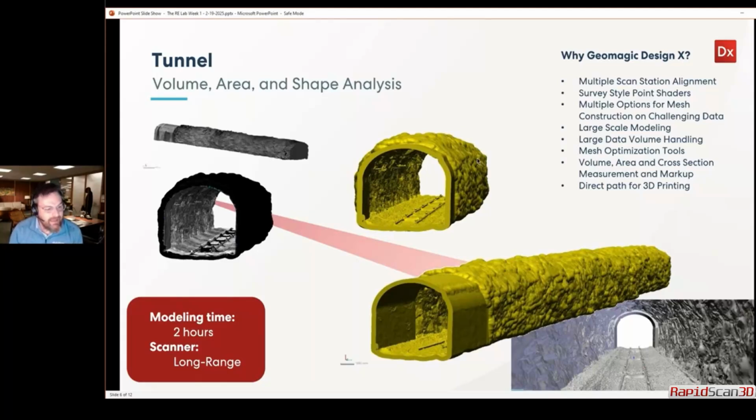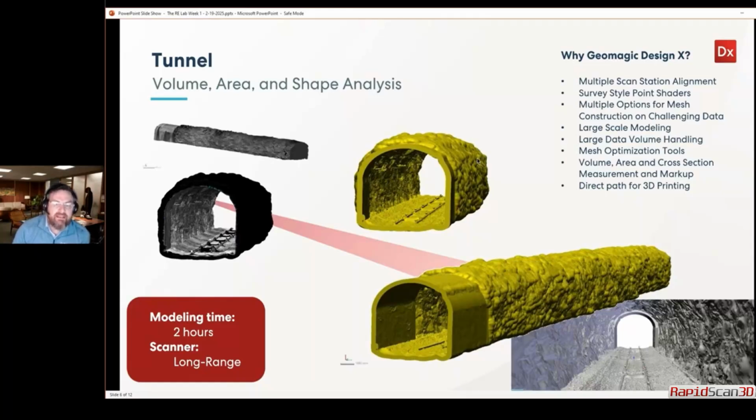So you can take that information that comes from those scanners and you can load it up. And on the top right-hand side, you'll see that we have this idea where you can take multiple scans and align them together. And you can load up and see the texture with different survey style point shaders.